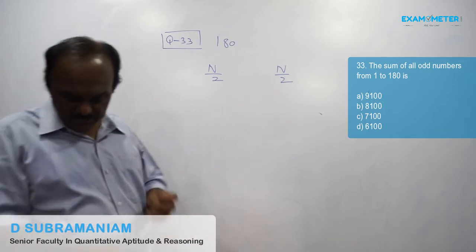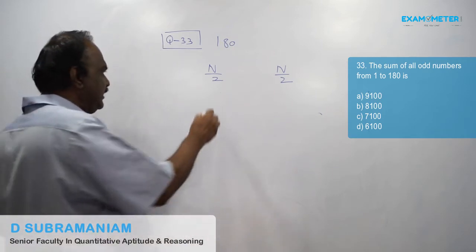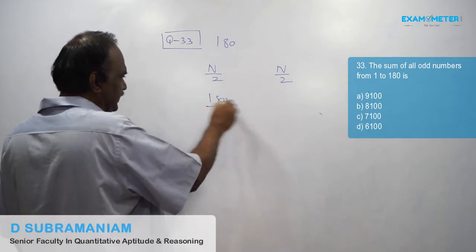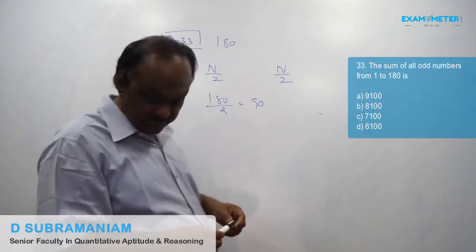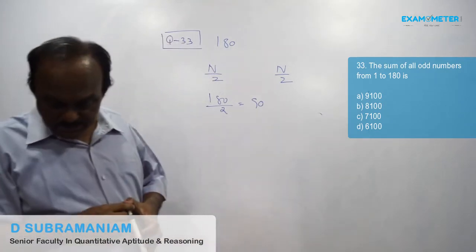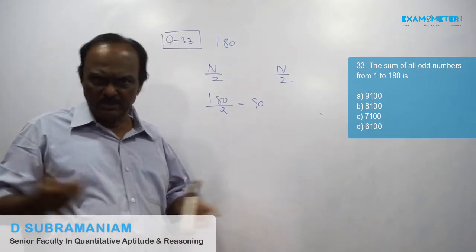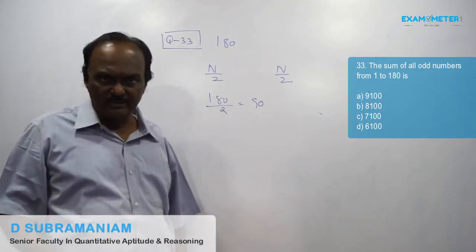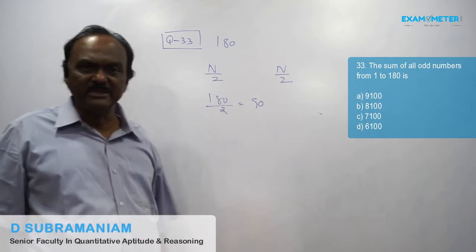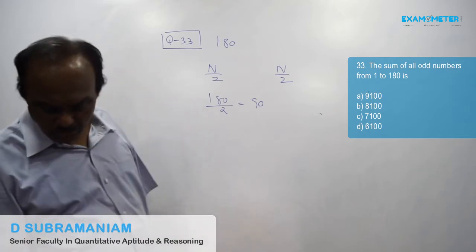So there will be n/2, that is 180/2, that is 90 even numbers. They are asking for odd numbers, so 90 odd numbers. Then the sum will be n squared. So 90 squared will be the answer, that is 8,100.